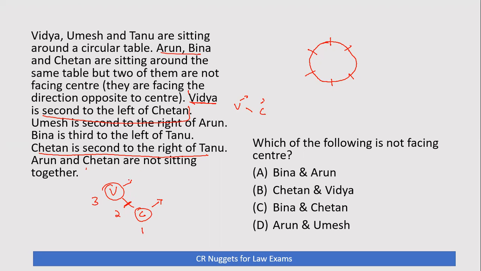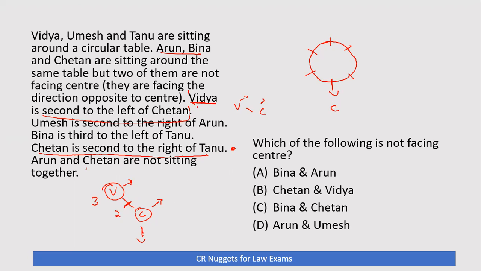So if Chetan were second to the right of Vidya, this statement would not hold good. What it means is that Chetan is definitely someone who is facing outside. So let me fix it here. This is the easiest point to start. Chetan is facing outside.